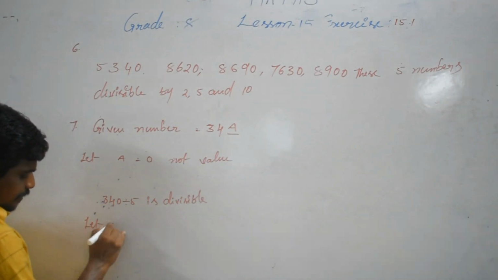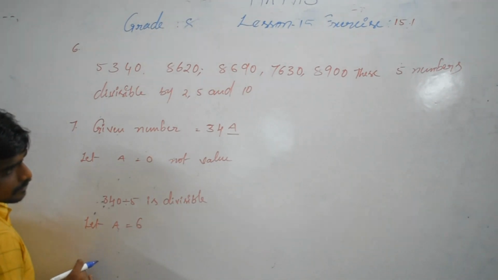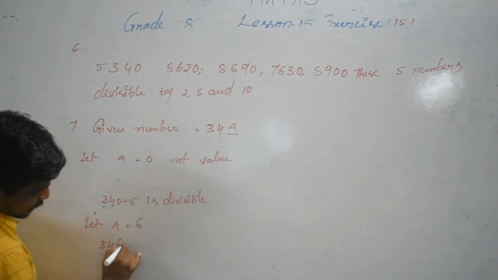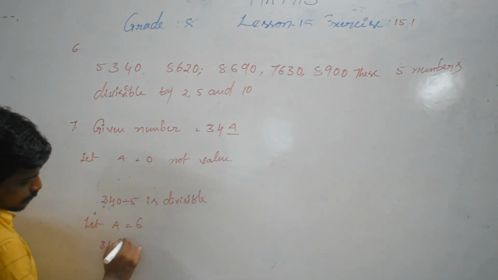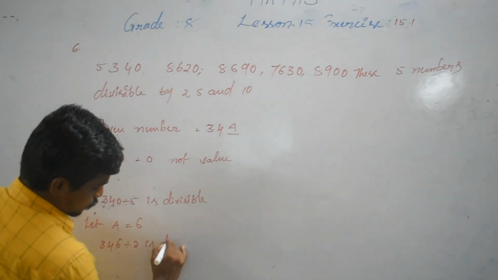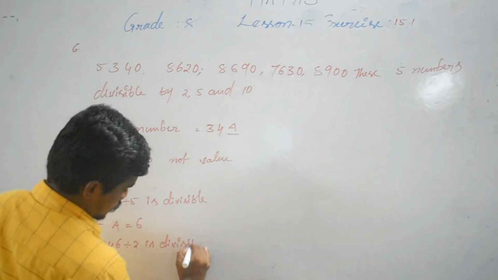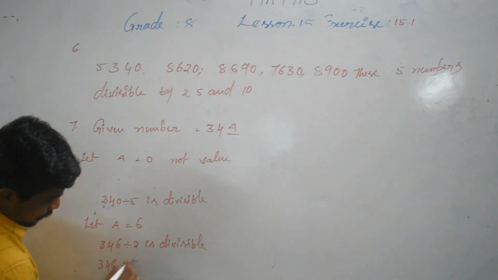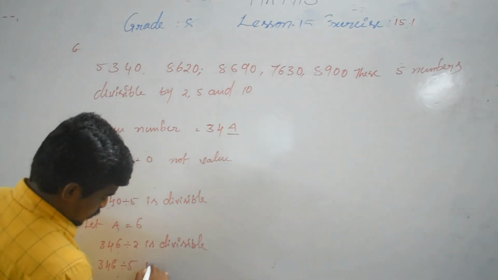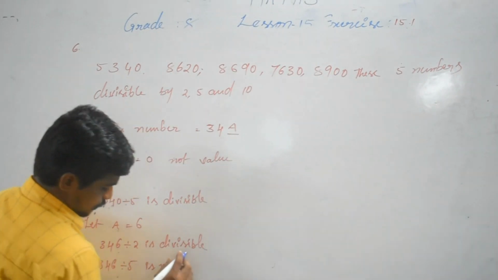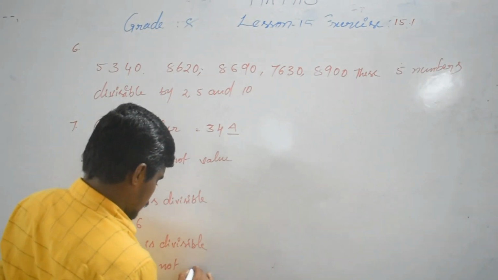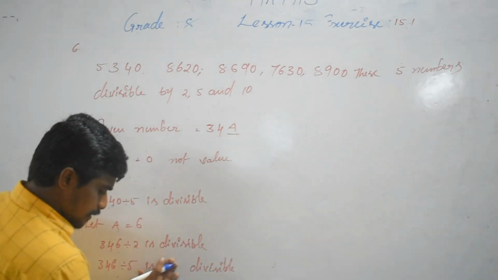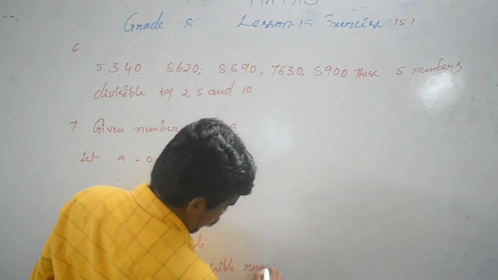Let a equal 6. So 346 divided by 2 is divisible. 346 divided by 5 is not divisible, and the remainder is 1.